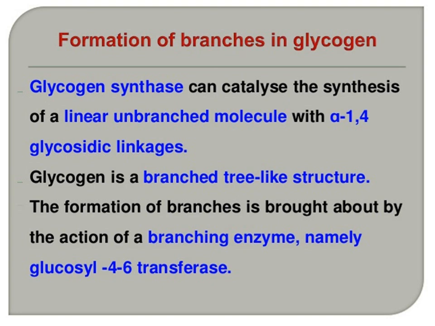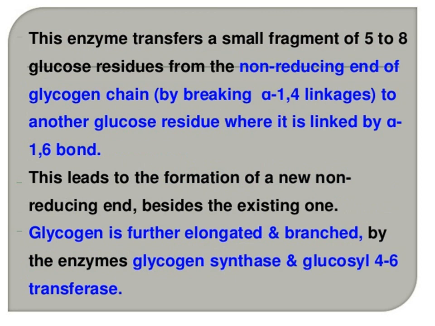The formation of branches is brought about by the action of a branching enzyme, namely glycosyl 4,6 transferase. This enzyme transfers a small fragment of 5 to 8 glucose residues from the non-reducing end of the glycogen chain to another glucose residue, where it is linked by an alpha 1,6 bond. This leads to the formation of a new non-reducing end besides the existing one. Glycogen is further elongated and branched by the enzymes glycogen synthase and glycosyl 4,6 transferase.